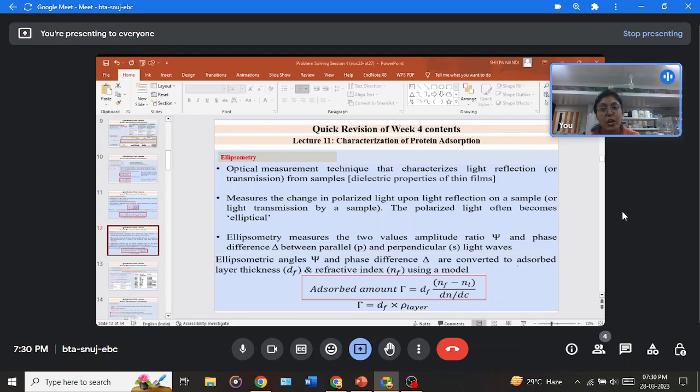It measures the change in the polarized light upon reflection on a sample, and this polarized light often becomes elliptical. So ellipsometry measures basically two values: amplitude ratio, that is psi, and phase difference, that is delta, between the parallel and the perpendicular light waves. So the amount of protein adsorbed, tau, can be given as df, that is nf minus nl by dn by dc.